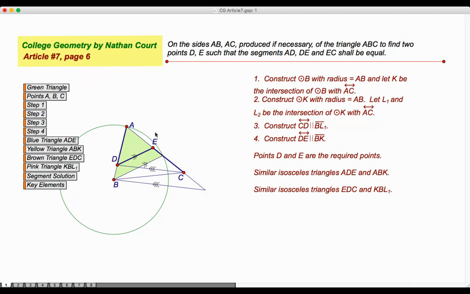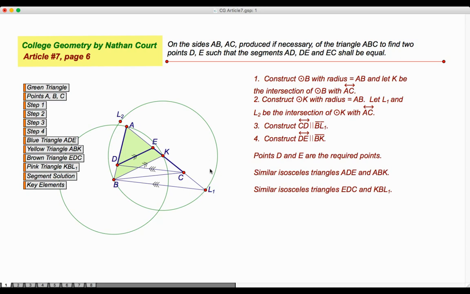That is step 2. Point K, construct it with radius equal to AB, hence it will intersect this line here at point L2 and point L1. So, let us set aside point L2 first and just focus on L1, okay?